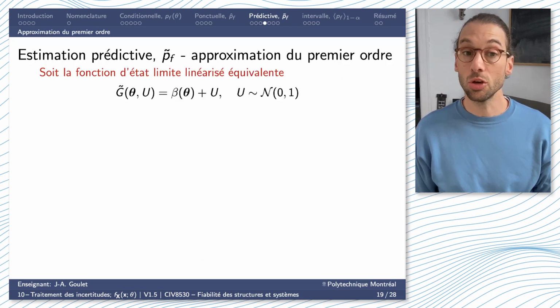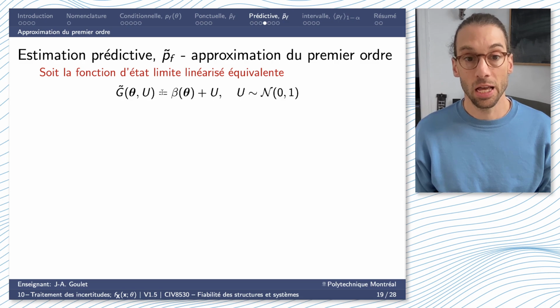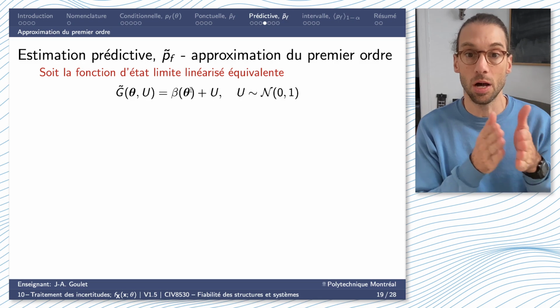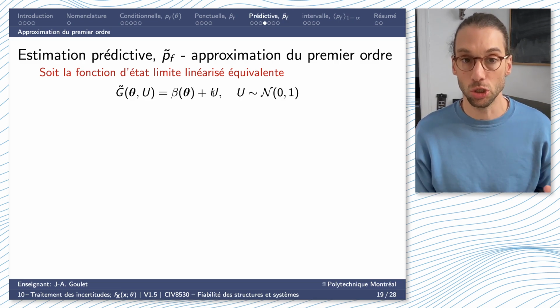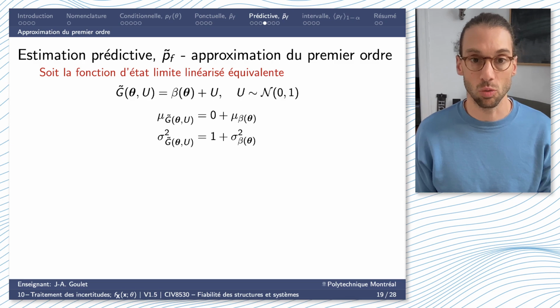So we're going to reuse this formulation, saying that g of u, my limit state function, is equal to beta, which is a function of theta. So I am going to put explicitly the dependency upon the parameter value, plus u, my standard normal random variable, so mean 0, variance 1.